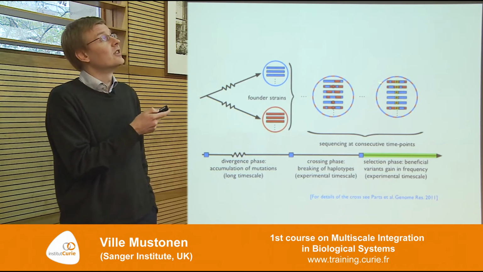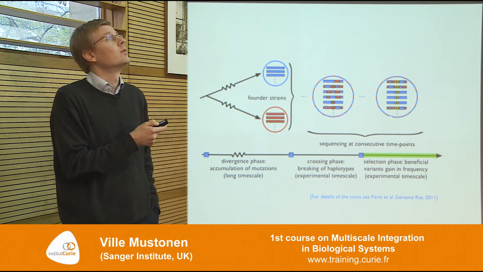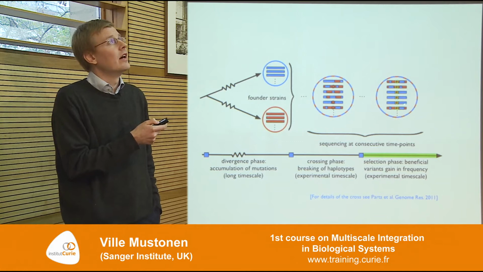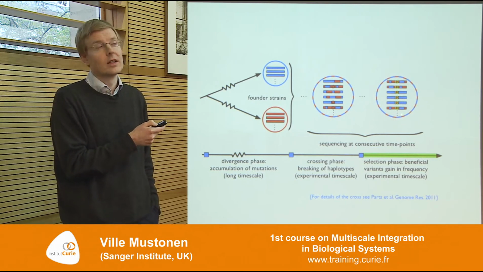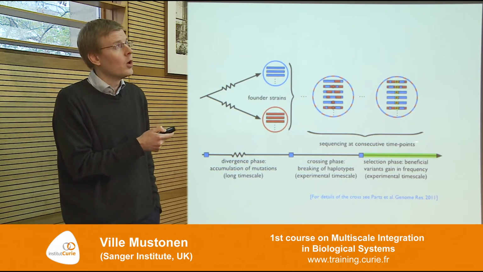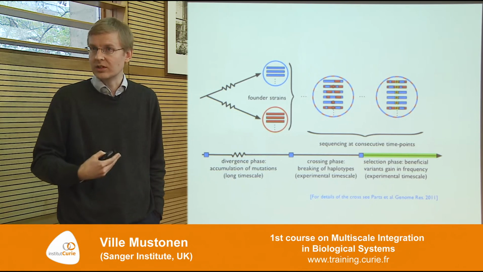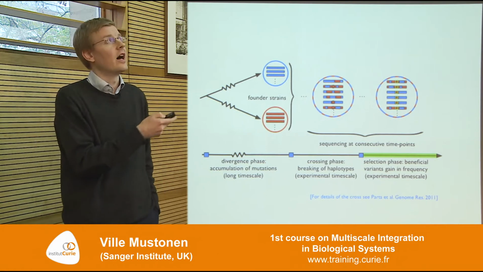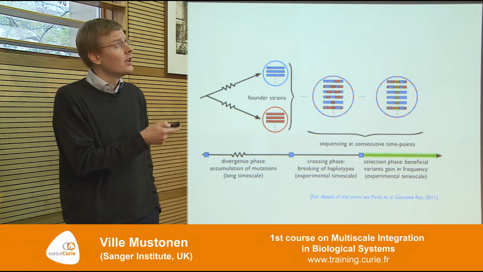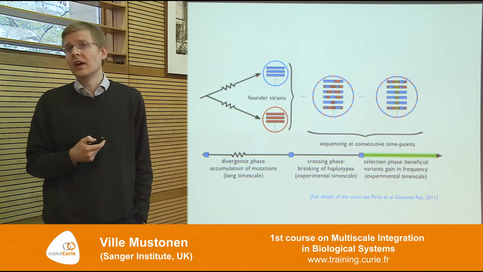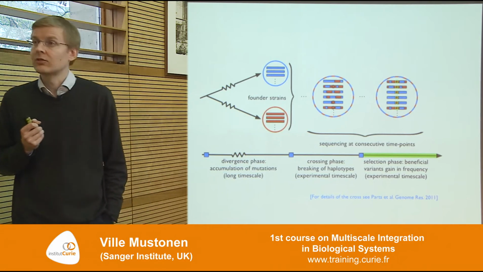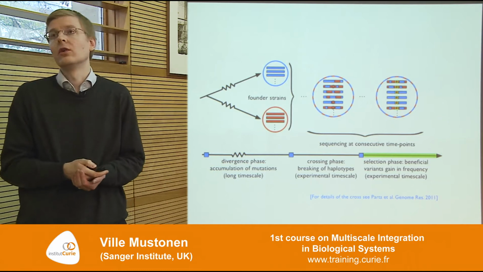And you can see then schematically what we expect to happen is that there is some variant that starts to increase in frequency when we do that. And the whole process is then monitored by sequencing the population at some intervals. So this is actually conceptually quite a nice factorization of different evolutionary forces.